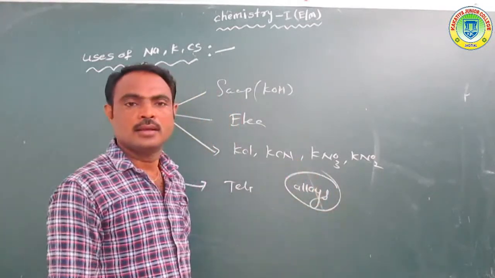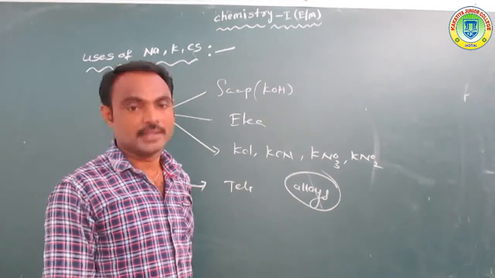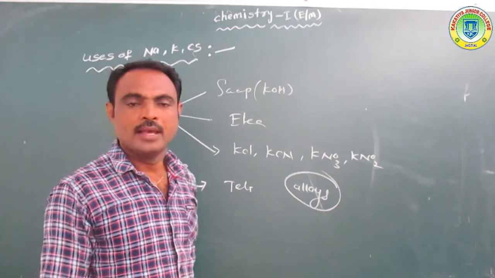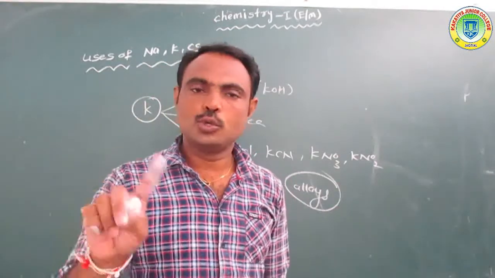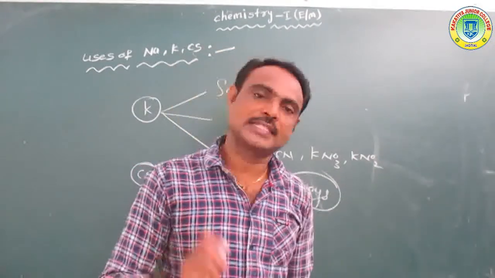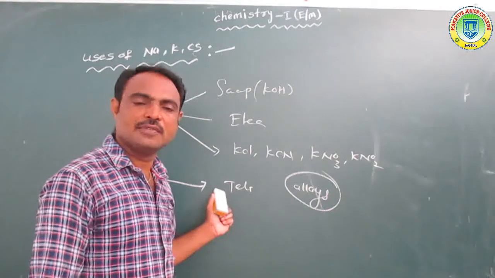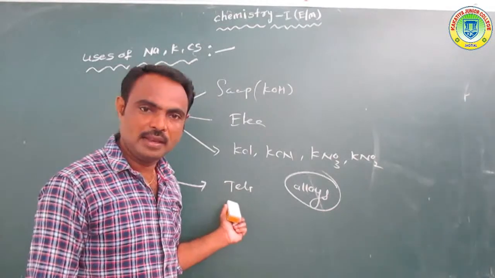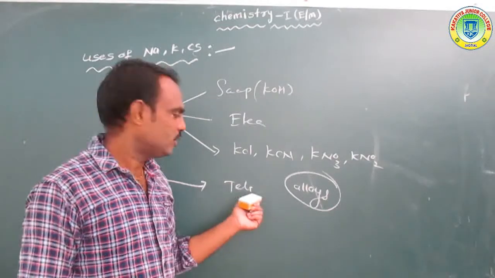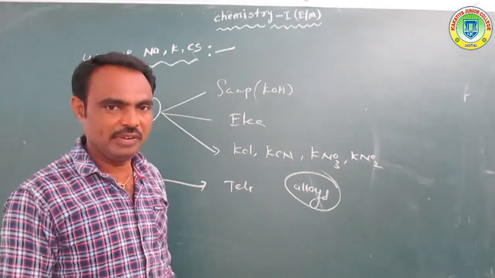What is the meaning of alloys? Alloys are the combination of two or more metals. The combination of two or more metals is called alloys. So in the preparation of alloys, we have used cesium metal. This cesium is used in televisions, just like TV.